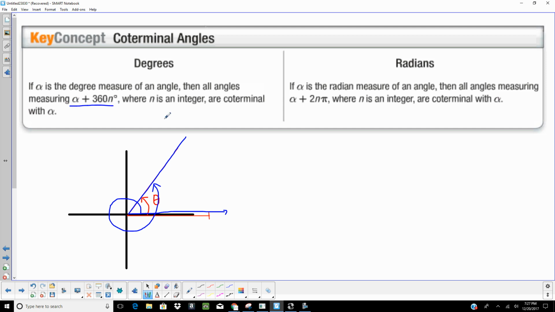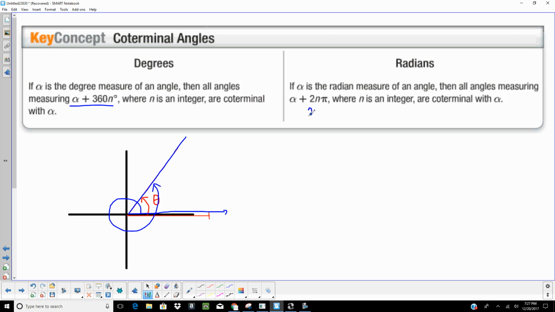So that's where this comes from. If something is coterminal for degrees, you're either adding or subtracting one rotation or multiple rotations. So you're adding or subtracting a multiple of 360. For radians, you're adding or subtracting a multiple of 2 pi. They have it written as 2n pi.